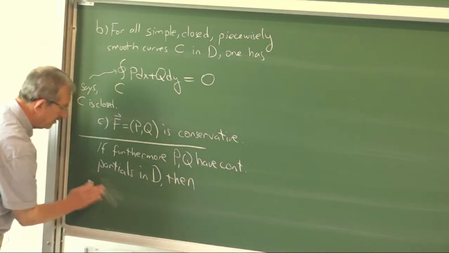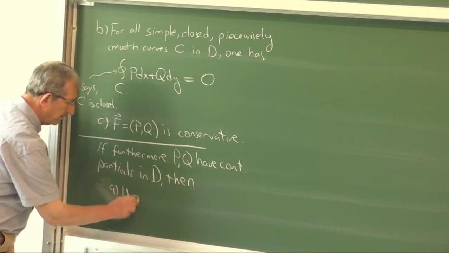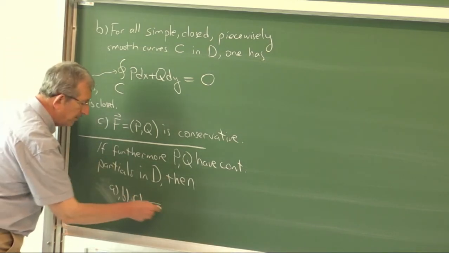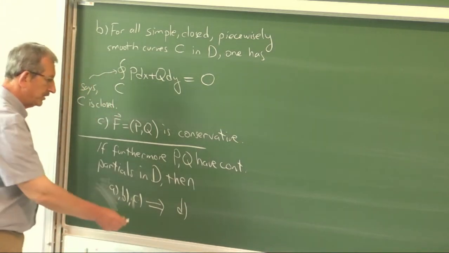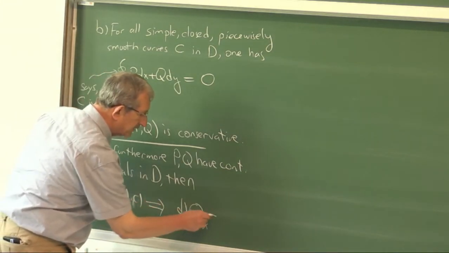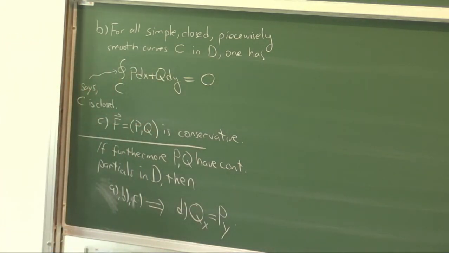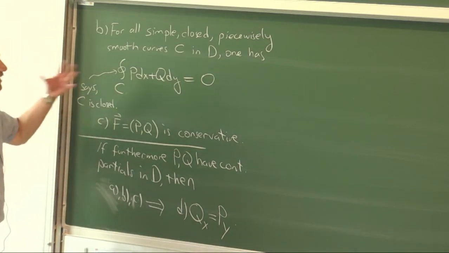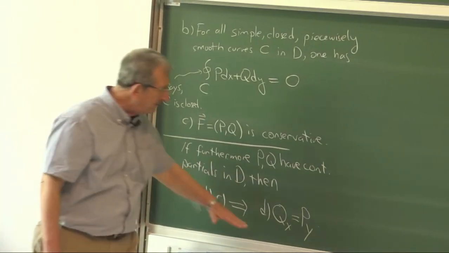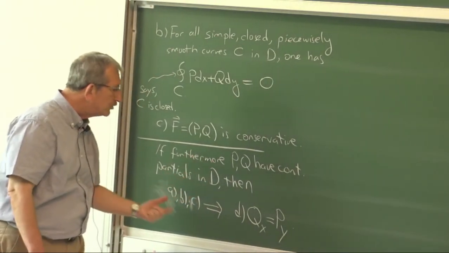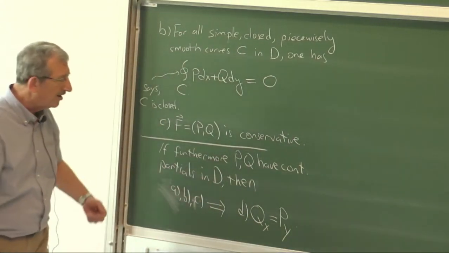Let me say, then A, B, or C, which are all equivalent, imply as well D, which says that Q sub X is P sub Y. So basically the theorem says that A, B, C are equivalent in this case, and if P and Q have continuous partial derivatives in D, then Q sub X and P sub Y are equal.